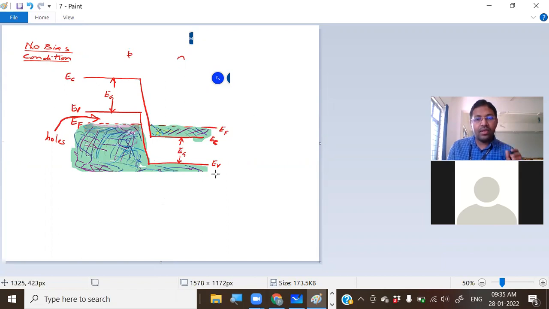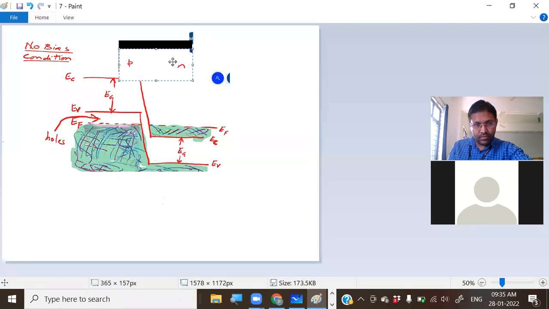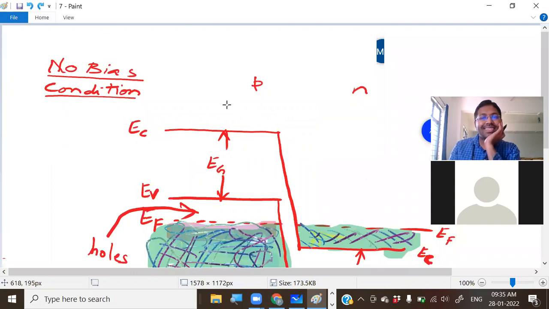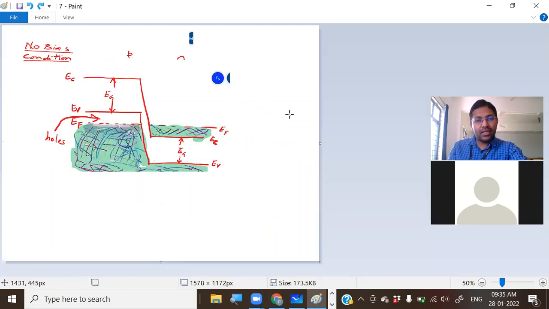This is the p side of the energy band and then the n side of the energy band. The only thing you have to remember is, as I told you, this is the no bias condition. No bias condition is not given in your question bank. Only what happens under reverse bias and what happens under forward bias is given. But without this, I don't think you can understand that. So I have given this.